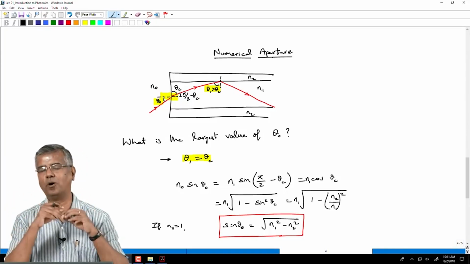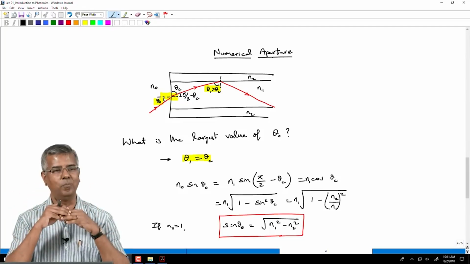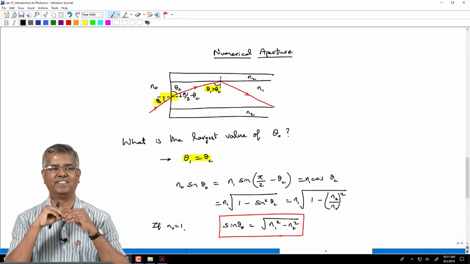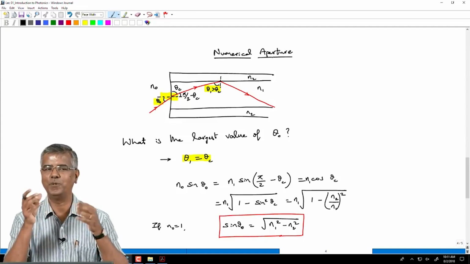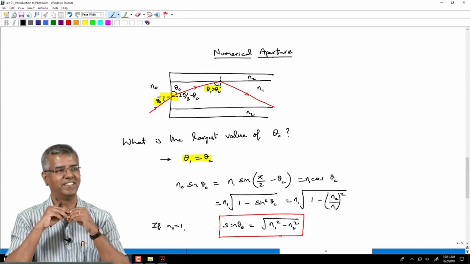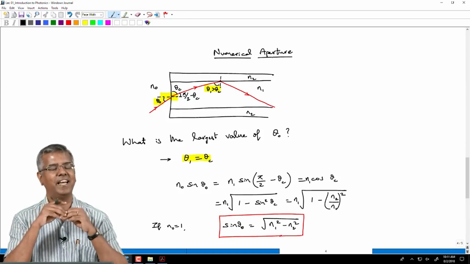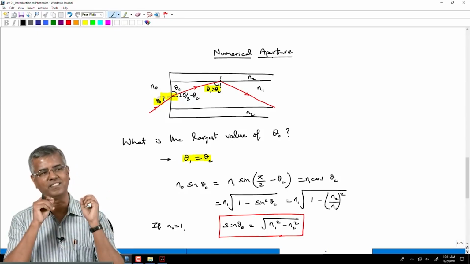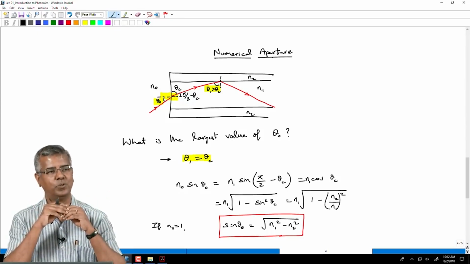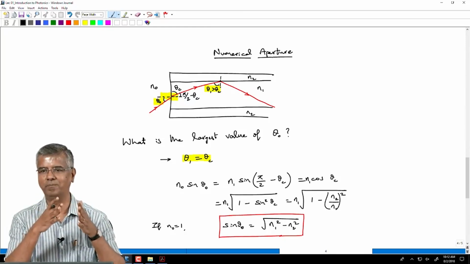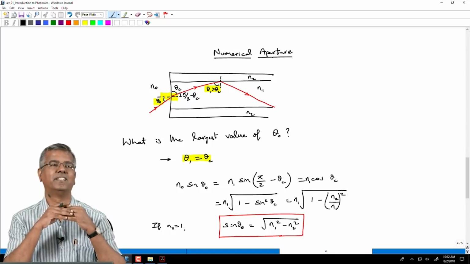Remember this thing about how you form a rainbow? How do you get a rainbow naturally? Sunlight consisting of different colors is going through this raindrop, which can be modeled as a prism made of water.